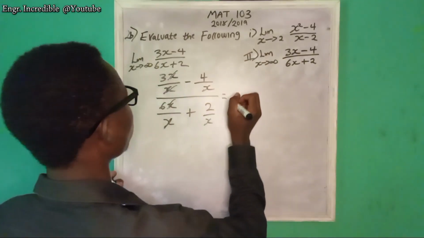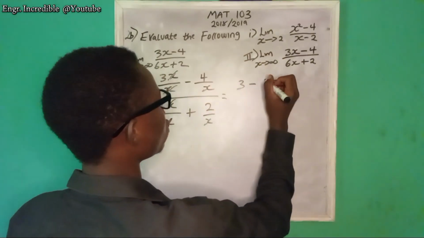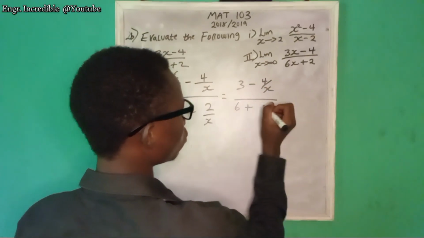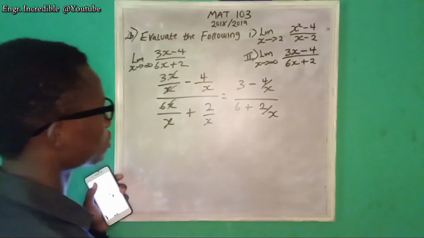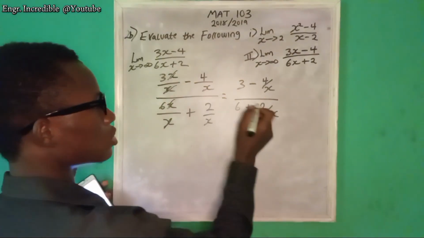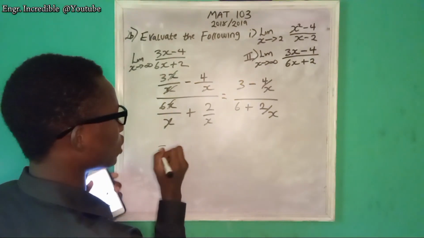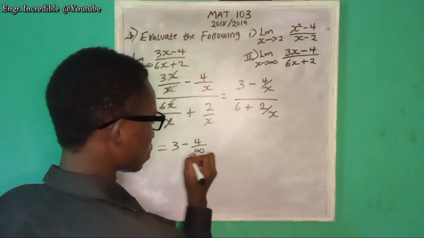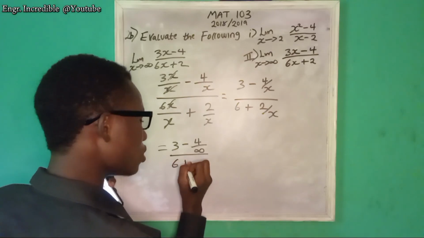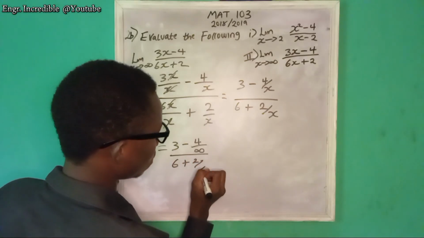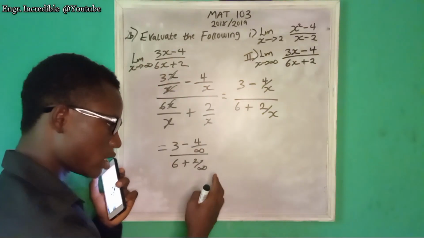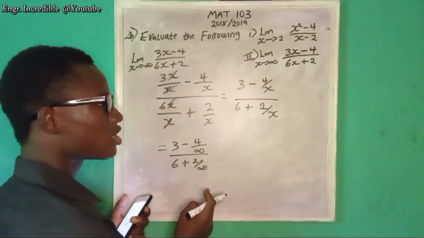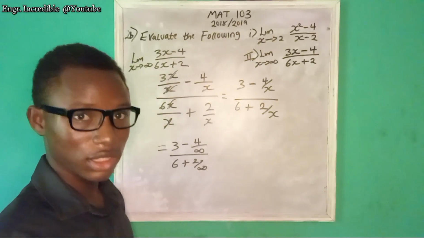We have 3 minus 4 over x divided by 6 plus 2 over x. So then we can put our limits into it. Once we put our limits, we have 3 minus 4 over infinity divided by 6 plus 2 over infinity. So now you might be a little confused about how we divide this, but it is as simple as anything divided by infinity is equal to 0.